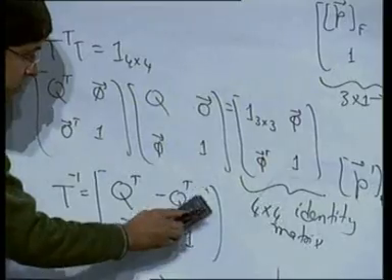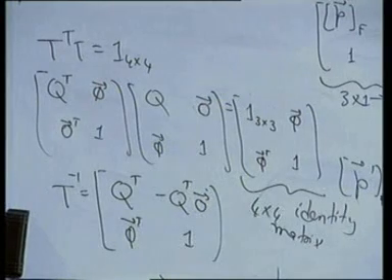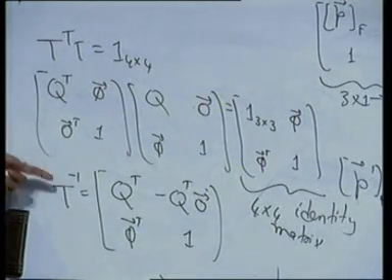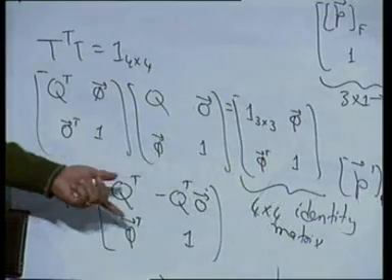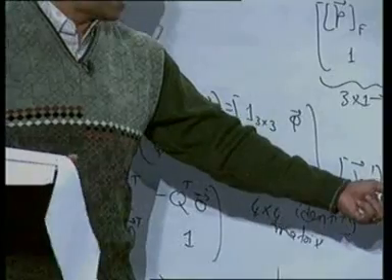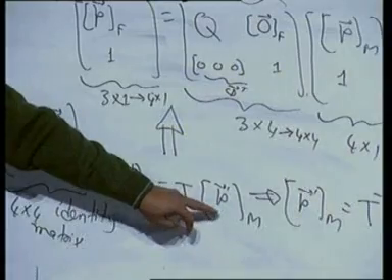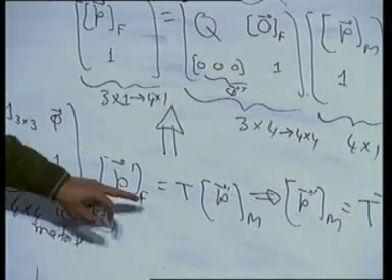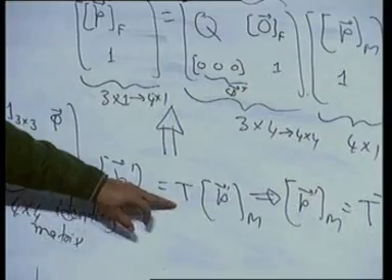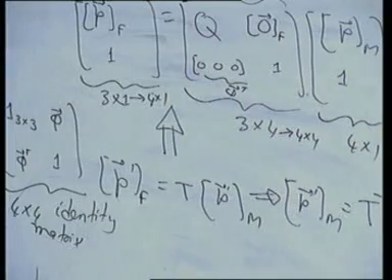This O is the position vector. So, this is the expression for T inverse. If you have a 4-dimensional or homogeneous representation of the vector P in the moving coordinate frame, which relates to the fixed frame by this 4 by 4 matrix T, and if you want to find the reverse expression, we have to do T inverse, and that expression of T inverse is this one.